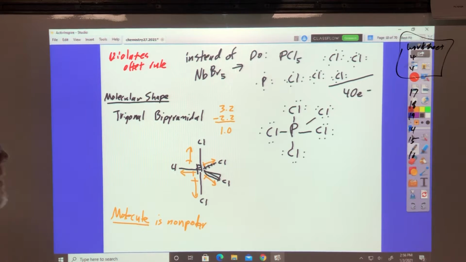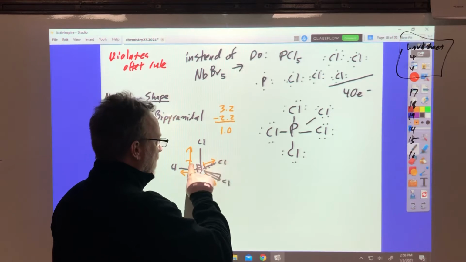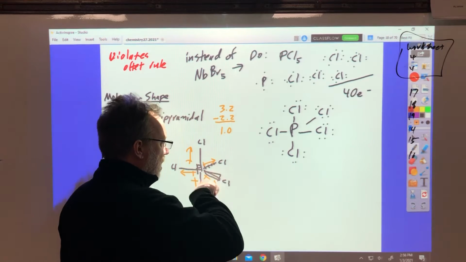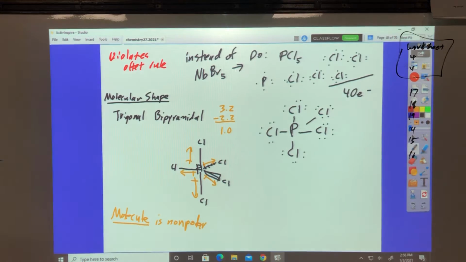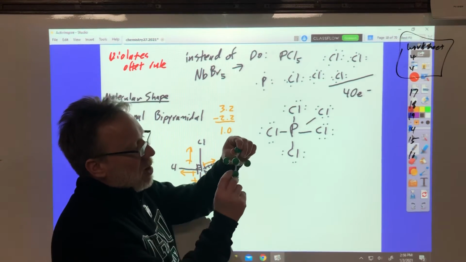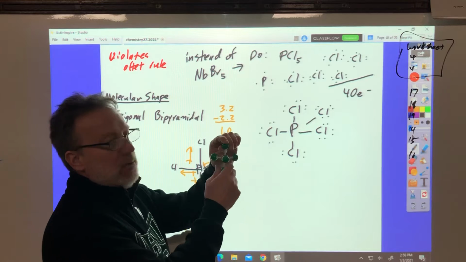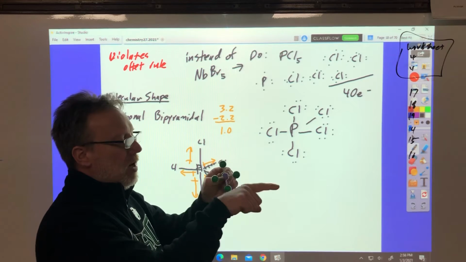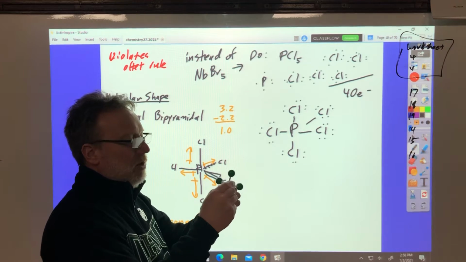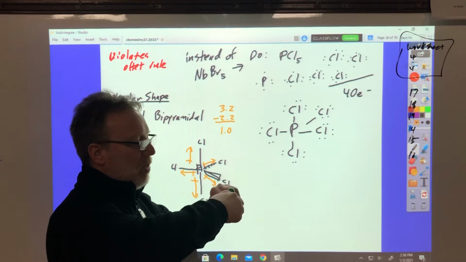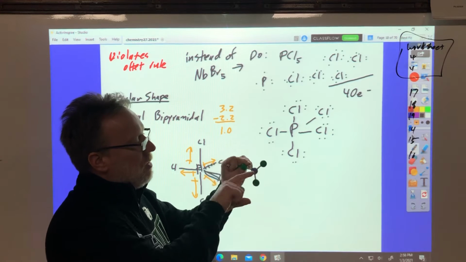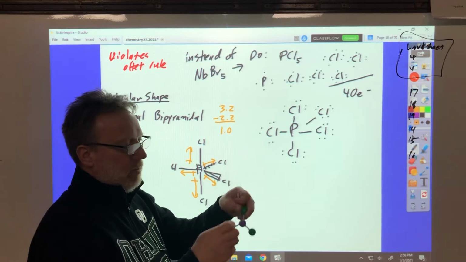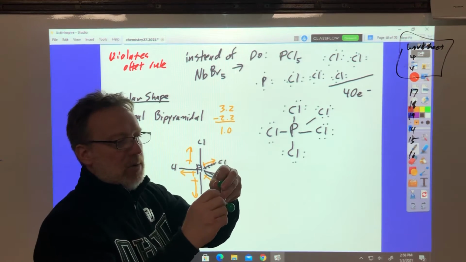This molecule, even though this bond's polar, and this bond's polar, and this bond's polar, and this bond's polar, and this bond's polar, ends up being nonpolar. That's because top and bottom, these two dipoles cancel, and in the triangular section, the part that would be trigonal planar, let's do it this way, these dipoles cancel, and then these opposite dipoles cancel.